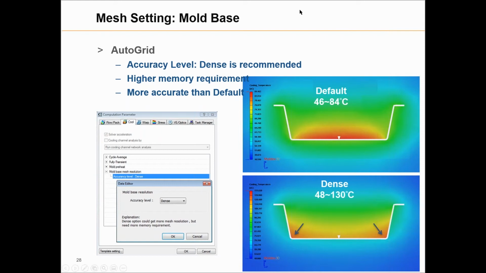And this comparison is basically done with a very coarse mesh versus a much more dense mesh, right? And you are able to see the impact of that on where your hotspots are in the tool. So this is another example to demonstrate the importance of meshing for any simulation as such.